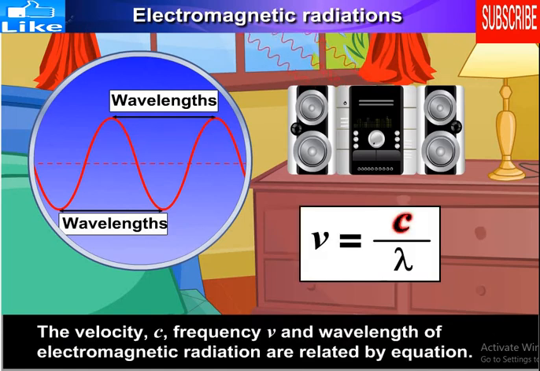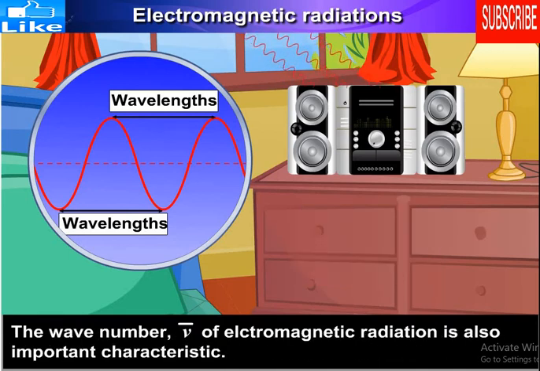The velocity c, frequency ν, and wavelength λ of electromagnetic radiation are related by equation ν equals c upon lambda.